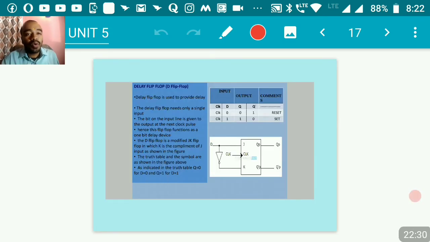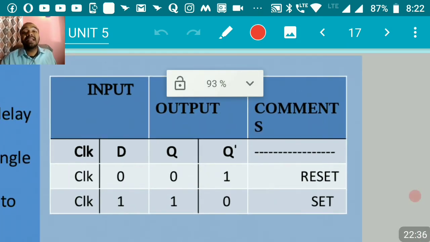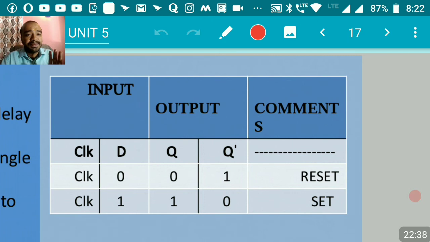Let us understand the truth table of the delay flip flop. The truth table of the delay flip flop is very easy. You have clock pulses, you have input, you have output Q, you have Q bar output, and these are the comments that we do have.